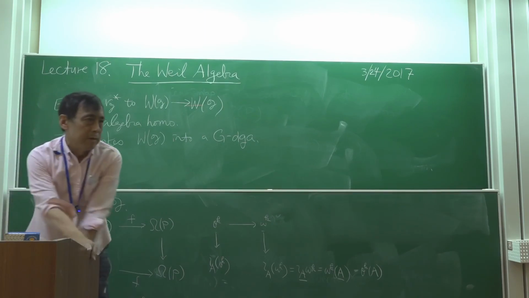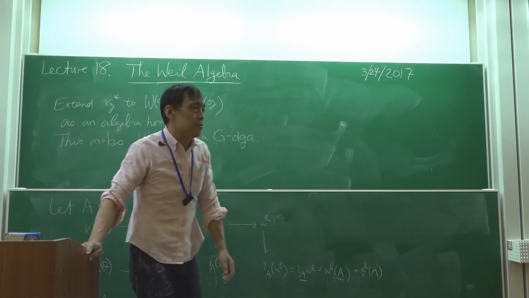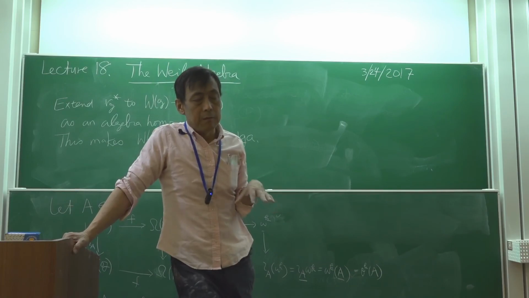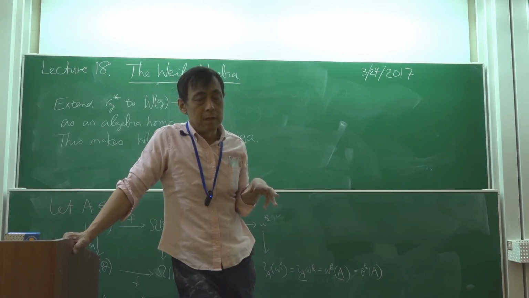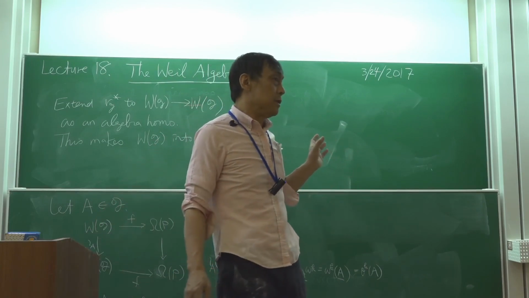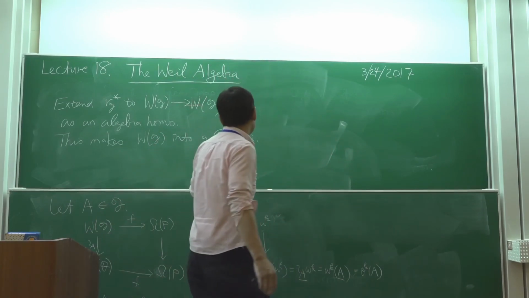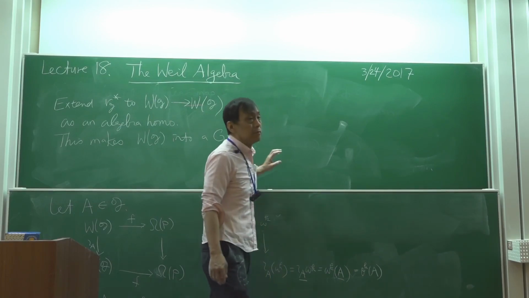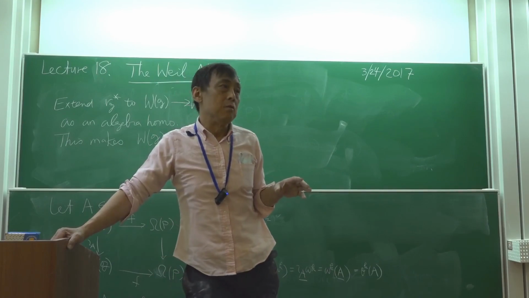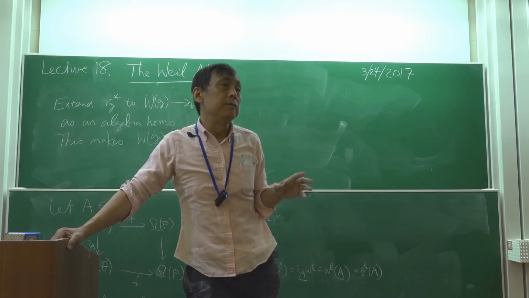Okay, so what we are doing here is we're trying to construct an algebraic model for equivariant cohomology. Okay? So next time we will compute the cohomology of the Weil algebra. See, because it's a differential graded algebra, you can compute its cohomology. And we'll show that the cohomology is trivial.